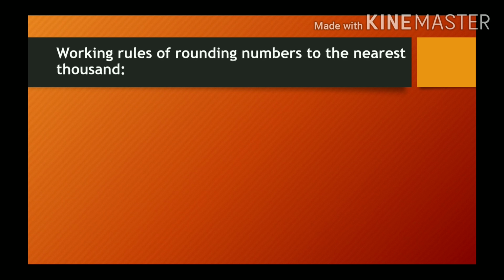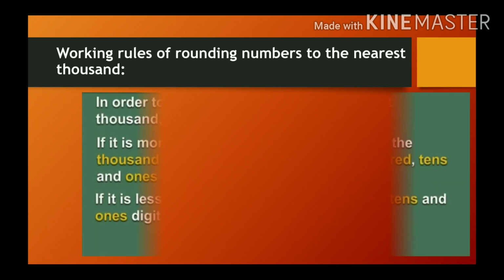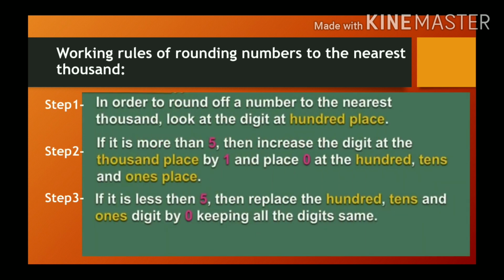Now let's see the working rule of rounding numbers to the nearest 1000. Step 1: In order to round off a number to the nearest 1000, we have to look at the digit at the hundreds place.